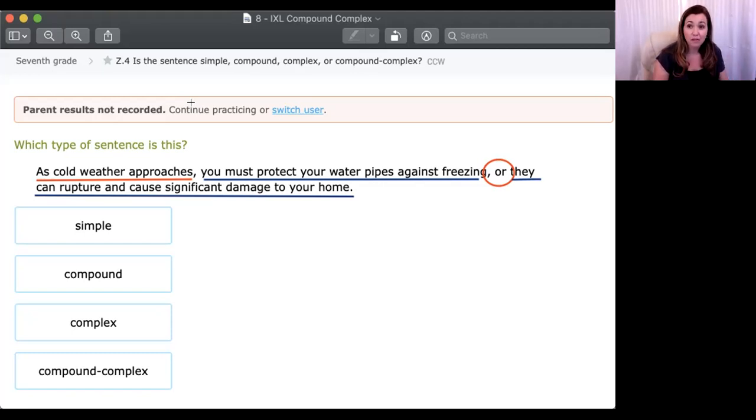I mean compound, complex, and compound complex sentence structure, varied with some simple ones thrown in there, because then you're really expressing what you're trying to say with all of the additional information, and you're getting as much information out as you can. So I want you to start thinking this way, and I want you to start pushing yourself to be writing in a more advanced way. I don't care if you're in 7th grade or 12th grade, you should be doing this now.